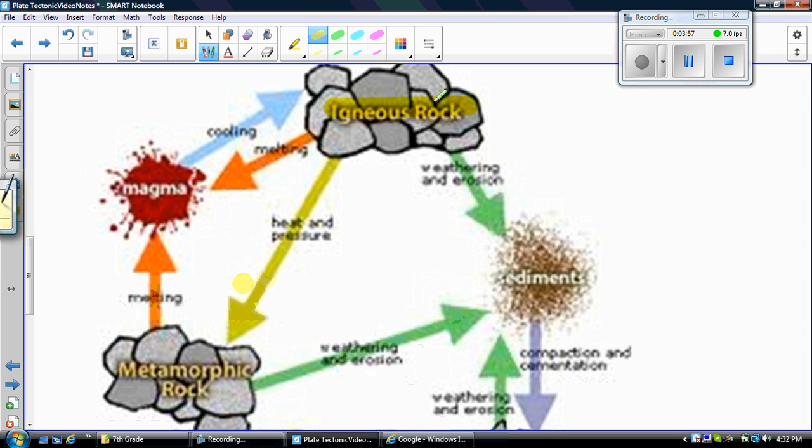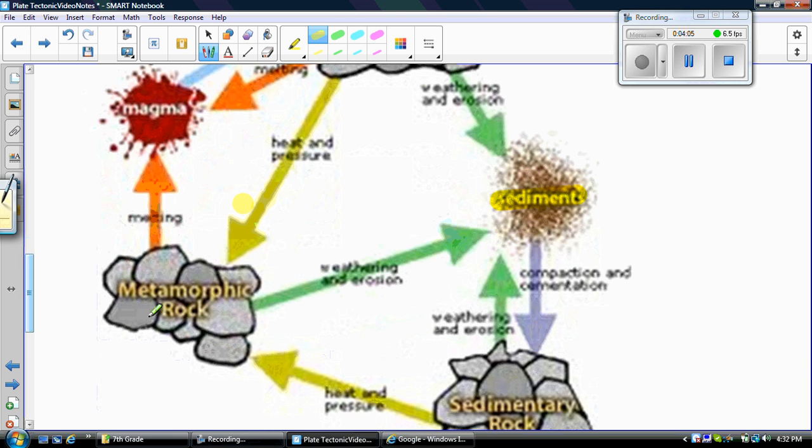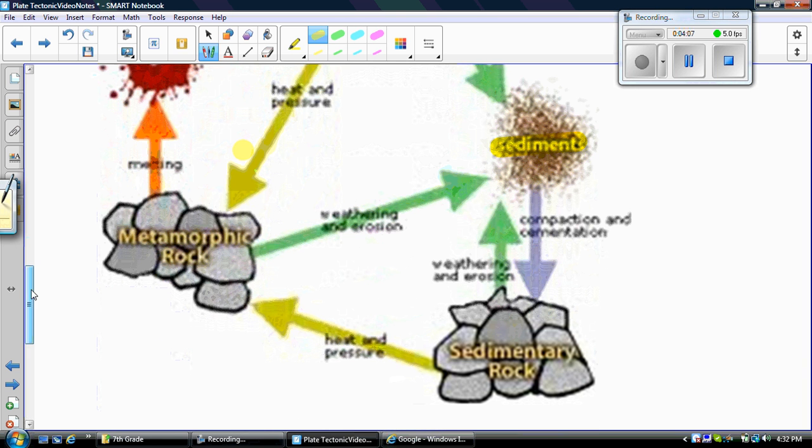If weathering and erosion are applied to an igneous rock, it creates those sediments, those small pieces of igneous rock. Then you compact and cement those sediments together, and that forms our final stage of a sedimentary rock.